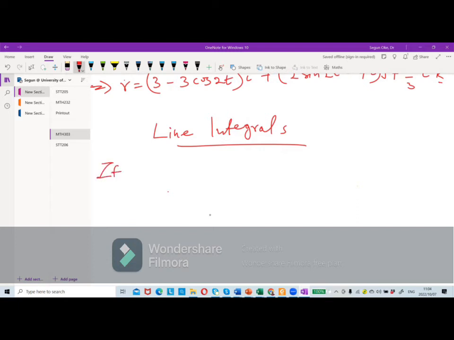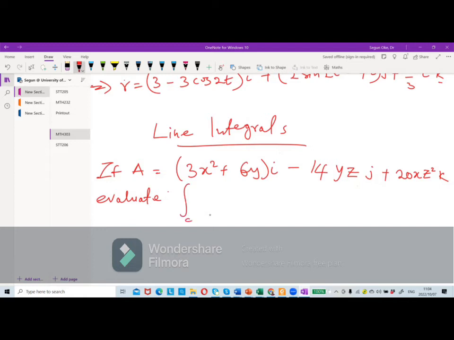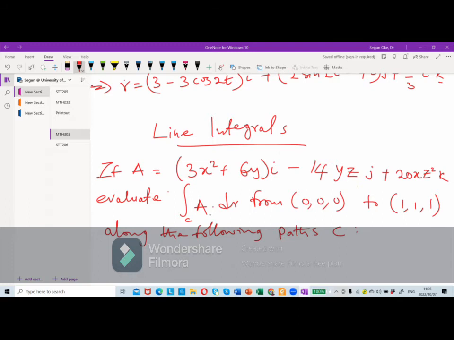If A is equal to 3x squared plus 6y i, minus 14yz j, plus 20xz squared k, evaluate the line integral of A dot dr from (0,0,0) in 3-plane to (1,1,1) along the following paths C. A: x equals t, y equals t squared, and z equals t cubed.